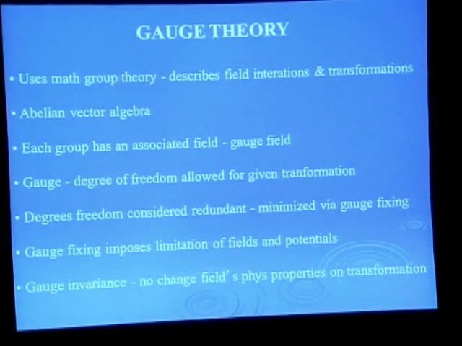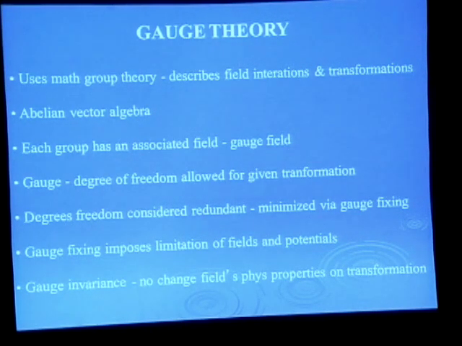So let's look at the mathematics in a little more detail, because I was talking about the gauge theory before. Gauge theory is based on a certain kind of group theory mathematics that I've talked about, which is Abelian in nature. It's a kind of vector algebra. Associated with each mathematical group is a field, which is called a gauge field.